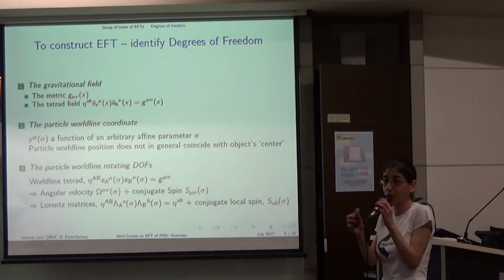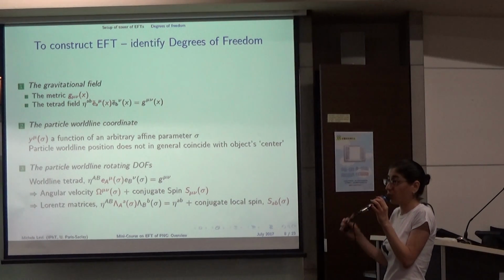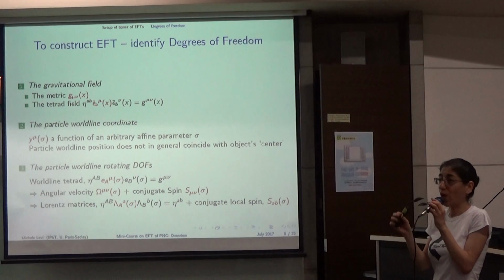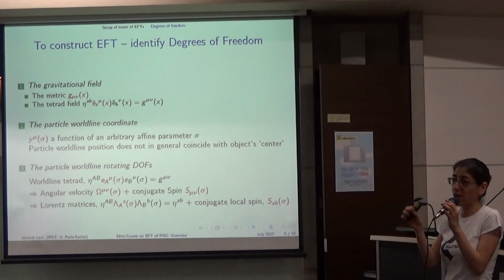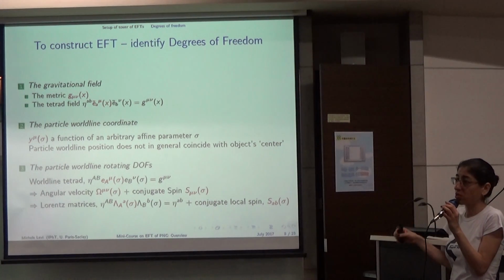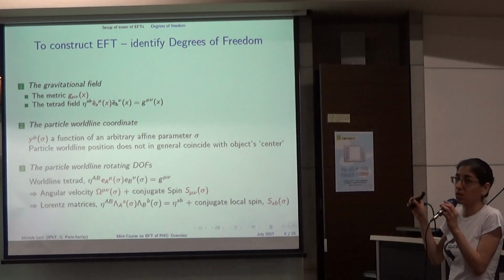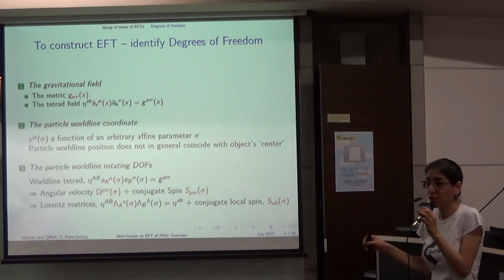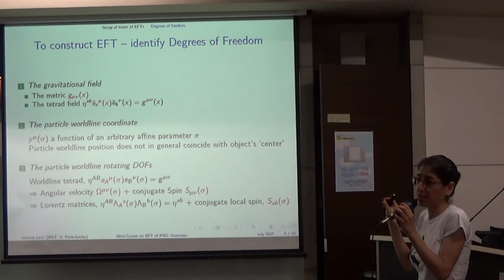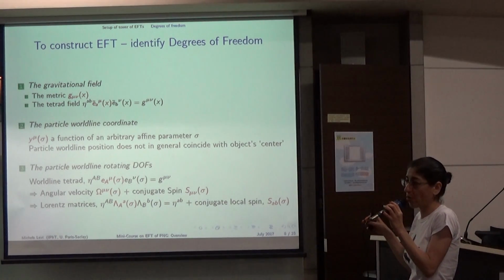So that's the tricky thing that one has to handle once one leaves the point mass approximation. Because when we just have a point mass, there is no ambiguity. The coordinate of the world-line just represents our particle.